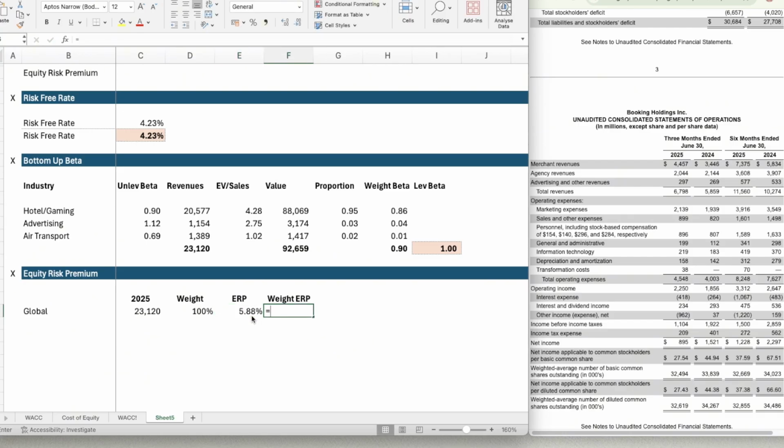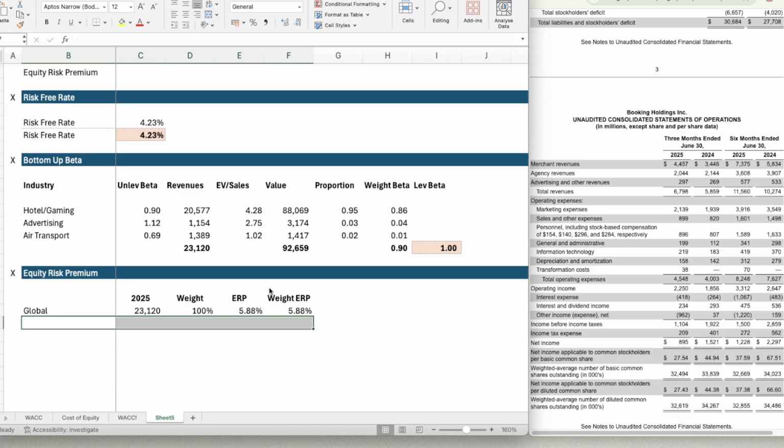And the weighted ERP then equals, and obviously we would have a few rows here, and the weights would be 30%, 40%, and so on, and we would do it in the same way that we did with the beta up here. We would do the same with ERP, but we've only got one line item here, so we don't need to do it there.